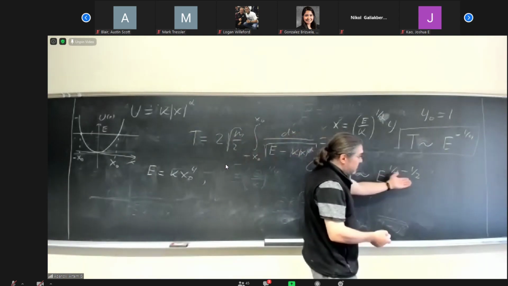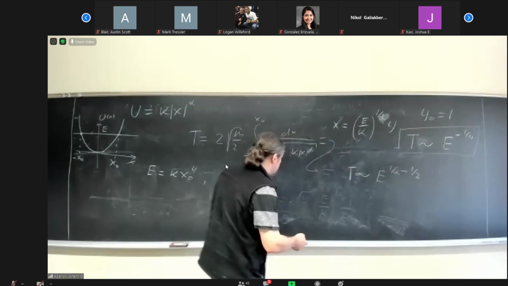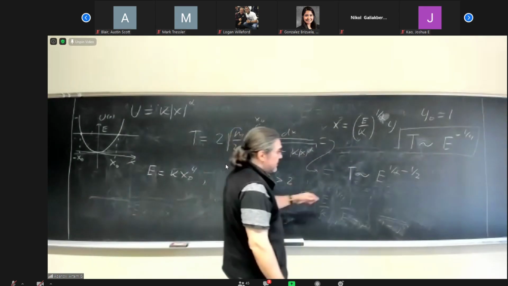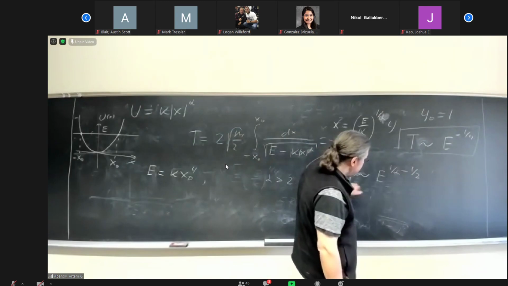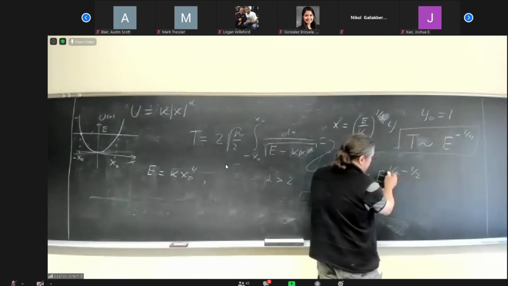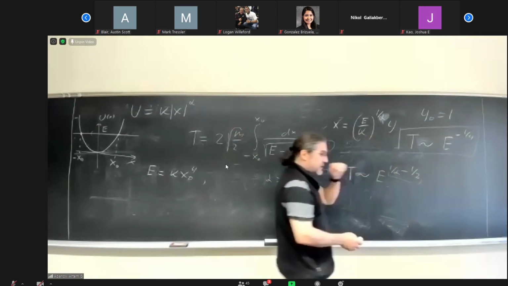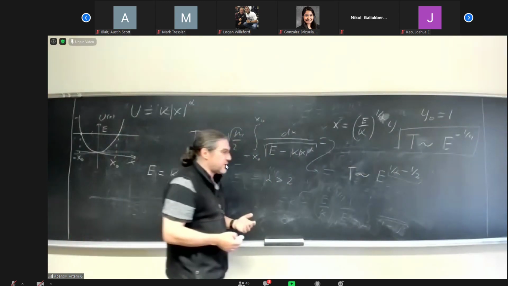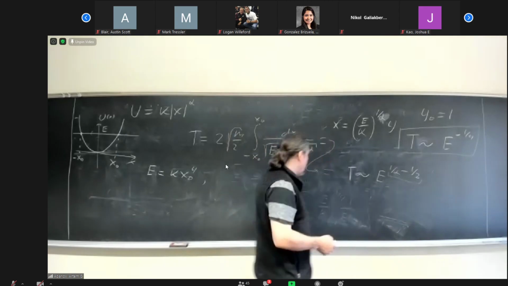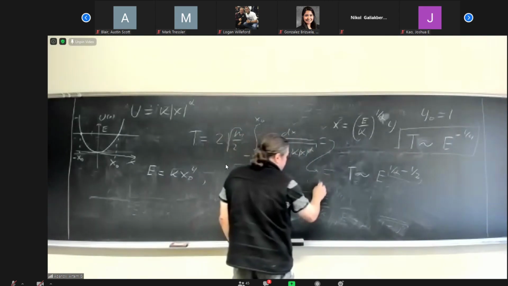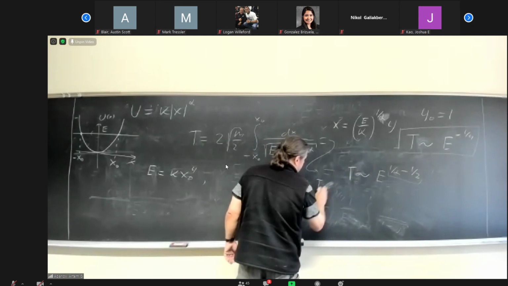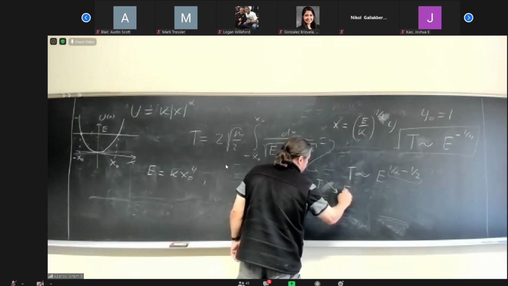So from here you immediately can see that if alpha is larger than 2, then this is negative, and it means that period is decreasing when E is increasing. So T is decreasing with energy.